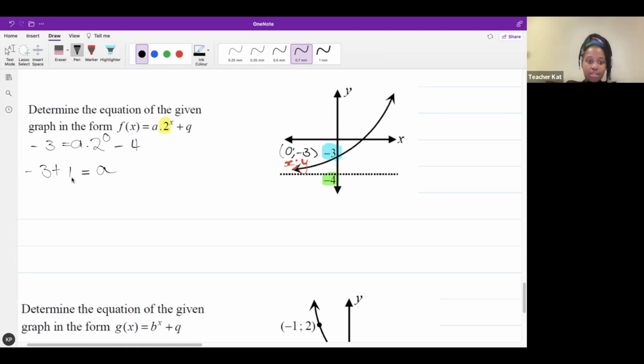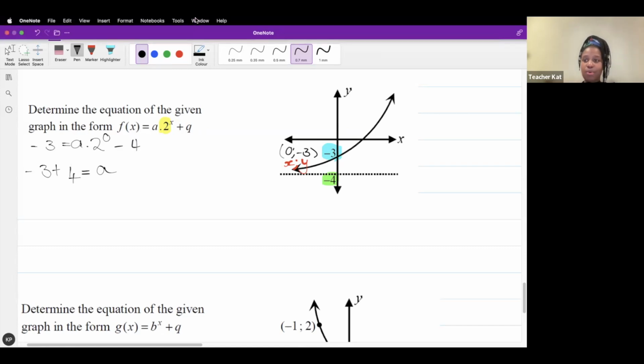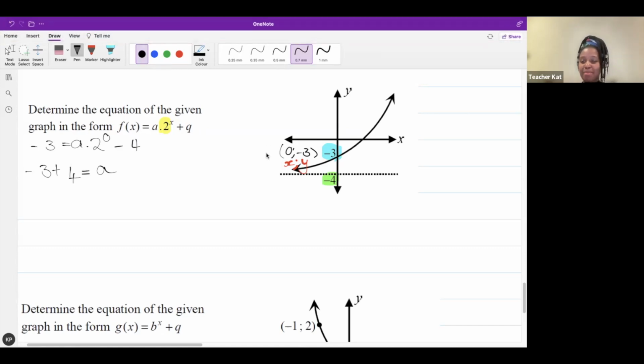What's -3 plus 4? My brain was a few steps ahead. A is +1. So then your graph, f of x, has the equation 2 to the power of x. I'm not writing 1 because 1 times anything is just that thing, minus 4.